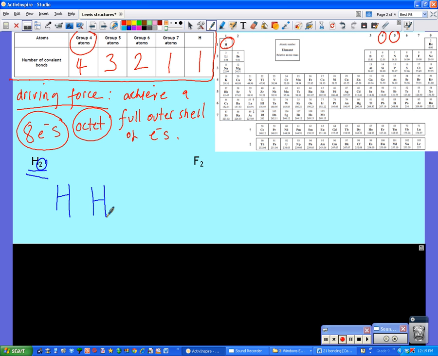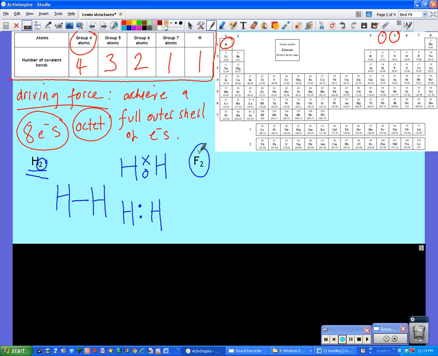Let's just start by showing that one covalent bond there, and remembering that that covalent bond represents 2 electrons. So we could also illustrate that with a dot and a cross, or as 2 dots. Any of the 3 representations are perfectly acceptable for the Lewis structure for hydrogen.